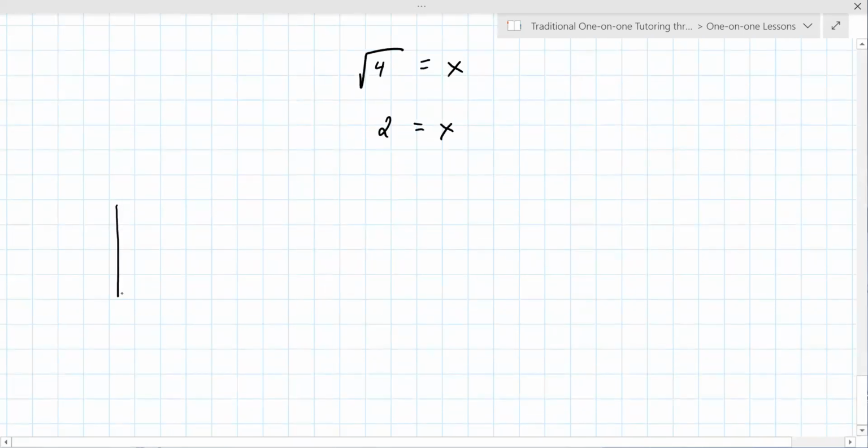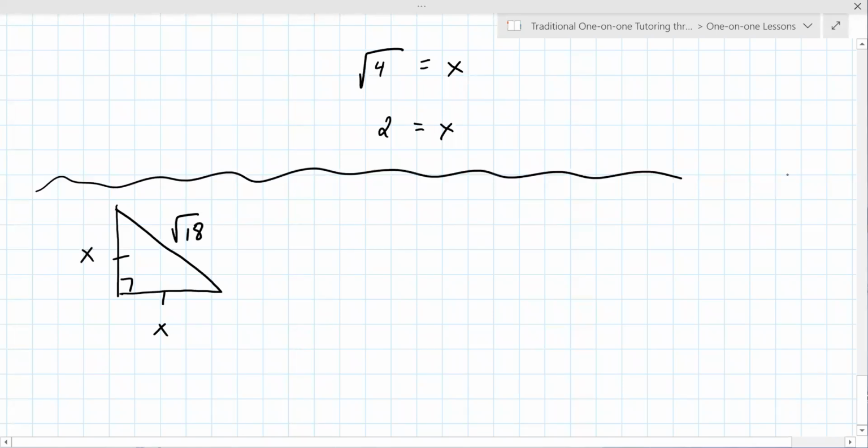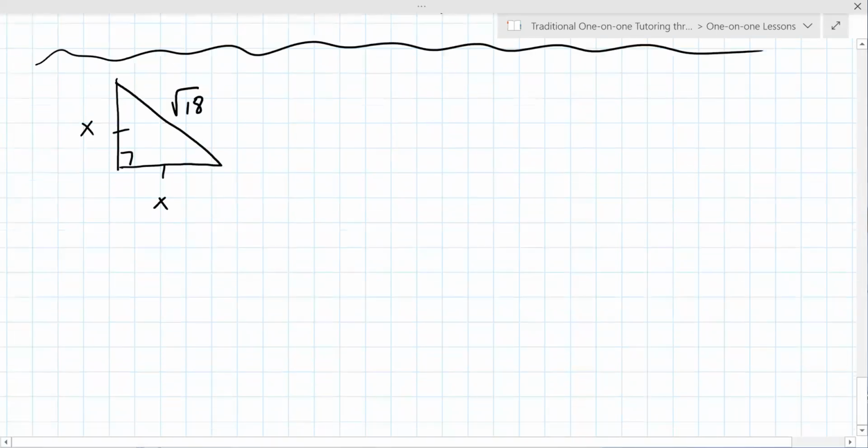Let's say I tell you that the hypotenuse is the square root of 18, and I want you to solve for x. So I want you to do the same thing that we've been doing in all the other problems.